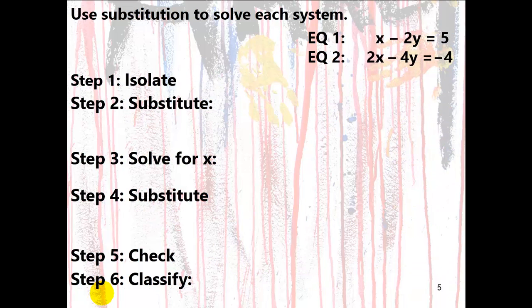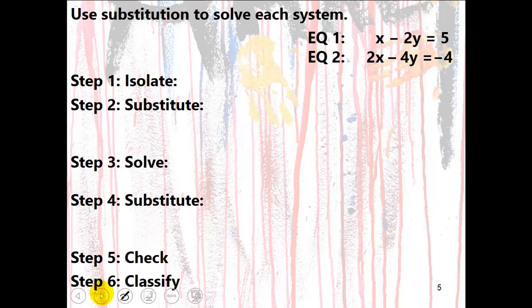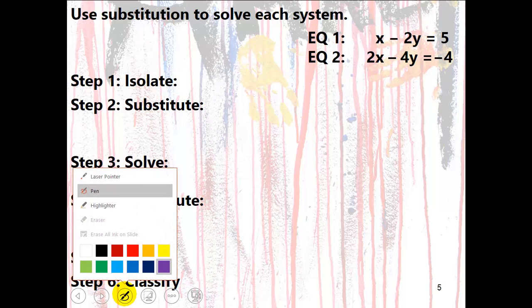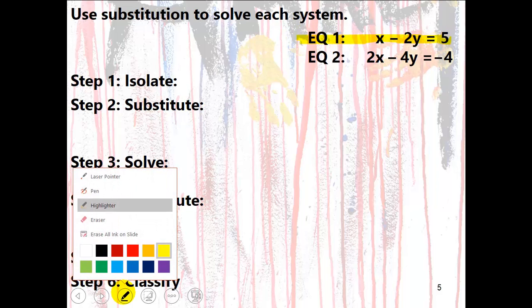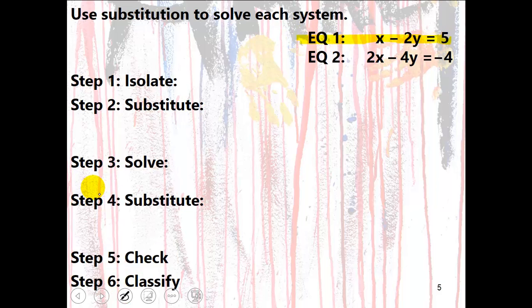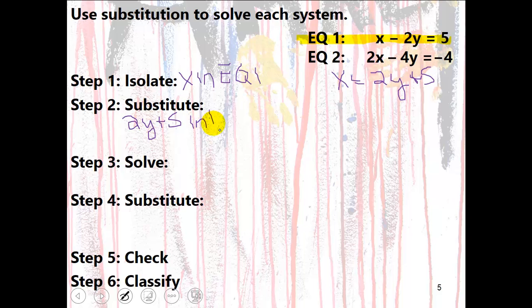Next equation, they didn't isolate for us, so now we have to. So I'm going to look at equation 1, and I notice that my x has a coefficient of 1, so I'm going to solve for x. I'm going to isolate x in equation 1. So I get x is equal to 2y plus 5. You could also write it as 5 plus 2y. Now I'm going to substitute 2y plus 5 into the other equation, equation 2.